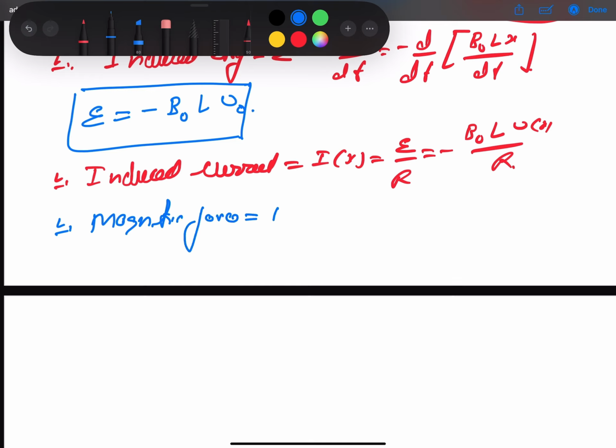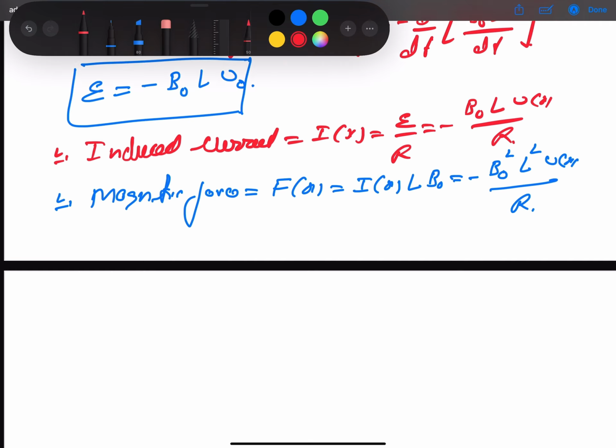Magnetic force, which is our F of x, will be equal to I of x times L times B naught. So we already know our I of x, we substitute it, we get minus B naught square L square v of x divided by R. And the direction of this force will be towards left, because it is going to oppose the motion of the loop, which is towards the right.